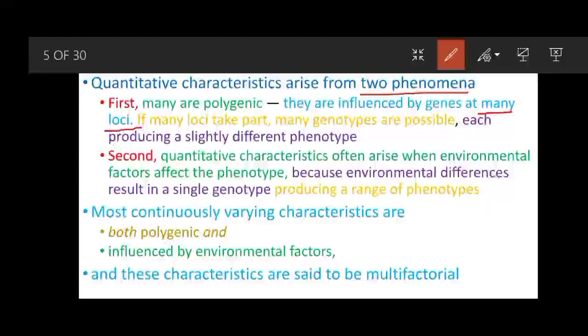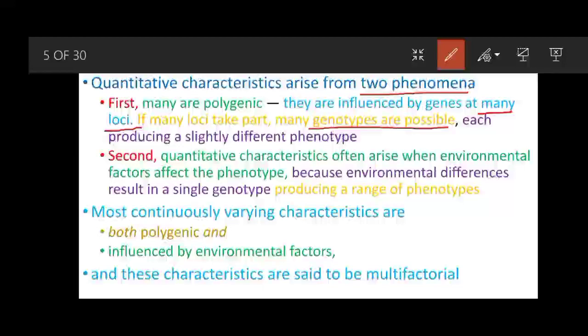If many loci take part, many genotypes are possible, because when we have one locus, we have three genotypes, and similarly, when the number of loci increases, the number of genotypes will also increase, and there are many genotypes for quantitative characteristics.